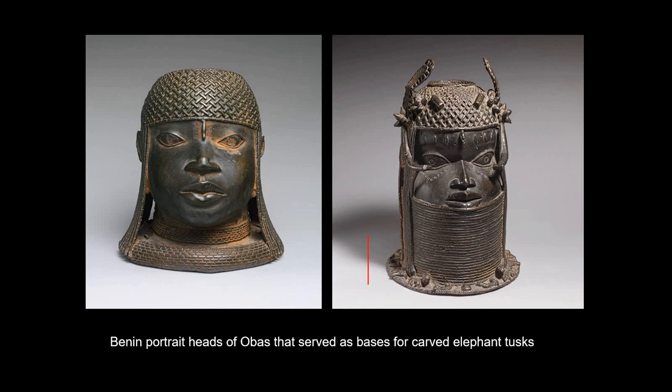So this one is a little earlier. This one's, I think, 16th century. This one comes from a little later. But again, you can see that they represent Oba. They have the helmet again made out of plated wire, and they have this gorget made out of beads piled up around their neck. But in the head, you can see a socket, and this one has a socket too. It's just harder to see.